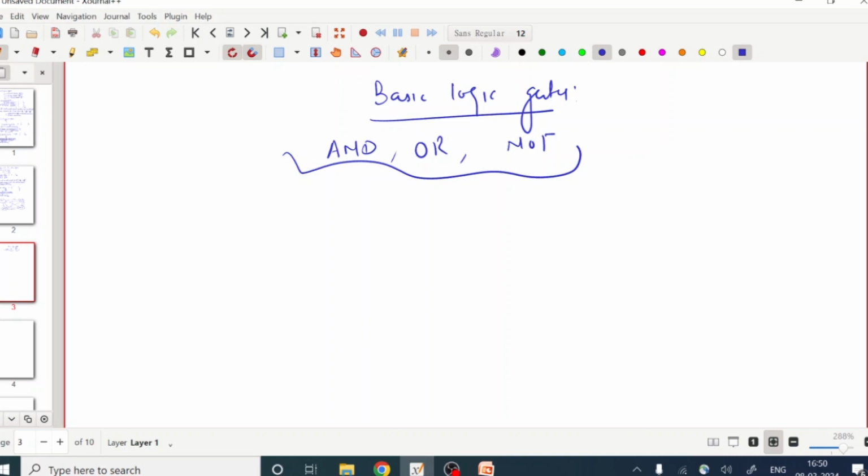We can say that the gate is an AND gate, OR gate, NOT gate, or a NAND gate, NOR gate, or some other logic gate like XNOR or XOR gate.